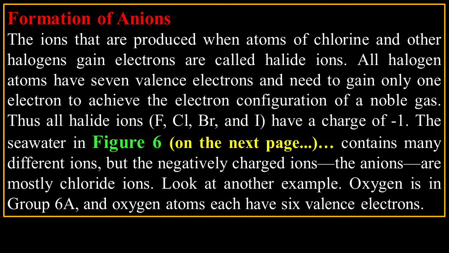The seawater in figure 6 on the next page contains many different ions, but the negatively charged ions, the anions, are mostly chloride ions. Look at another example. Oxygen is in group 6A, and oxygen atoms each have 6 valence electrons.